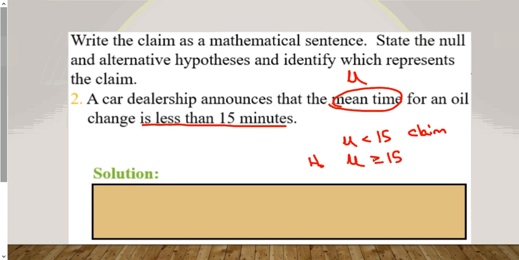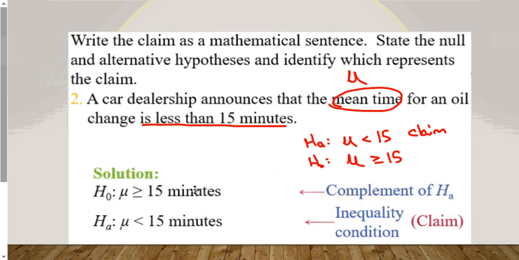Mu is greater than or equal to 15, that must be the null, and therefore this must be the alternative. Now I'm going to show you the typed version of that just so that it's a little bit cleaner. You can see here we have our H null is mu is greater than or equal to 15 minutes. Our alternative is mu is less than 15 minutes, and of course this is our claim.